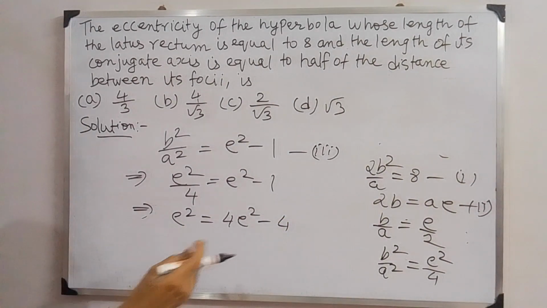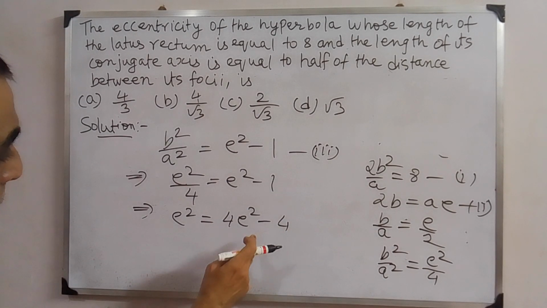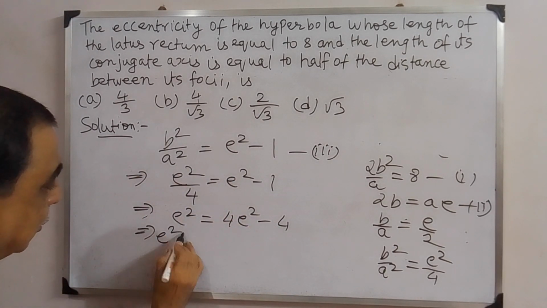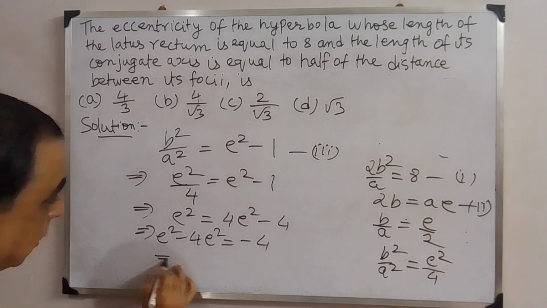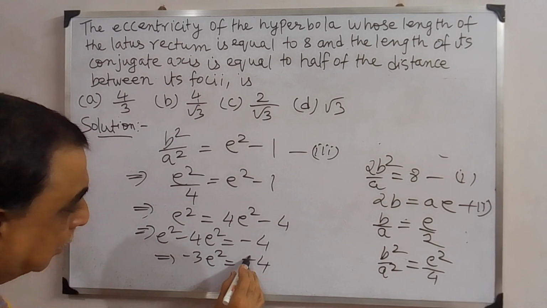4 into 1 is 4. Now bring e squared to the other side: e squared minus 4e squared is equal to minus 4. So minus 3e squared is equal to minus 4.